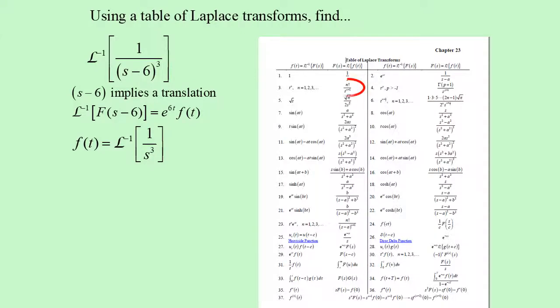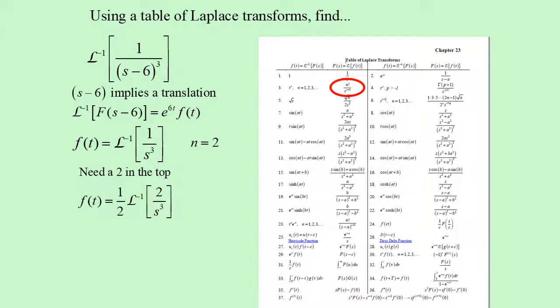Well, the inverse Laplace of 1 over s cubed comes from here, number 3 on our chart, and in order to be 1 over s cubed, n would have to be a 2, and in the top, 2 factorial would be a 2, so in order for this to be transformed, we'd have to have a 2 on the top.